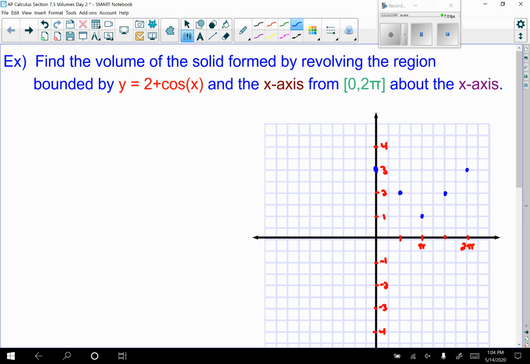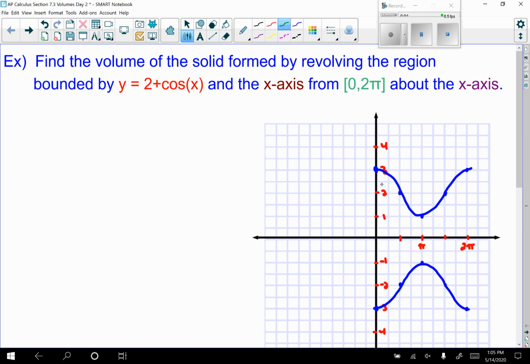So we're looking at this curve here. We just need to reflect it over the x-axis, so it would be at -3 here, -2, -1, -2, and then -3. We have something that looks like this.